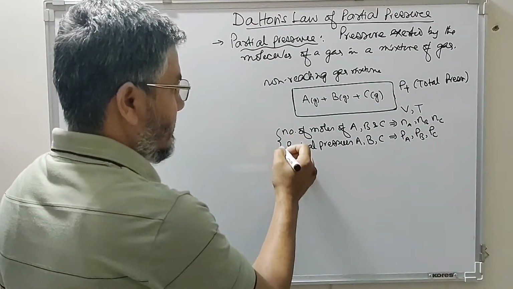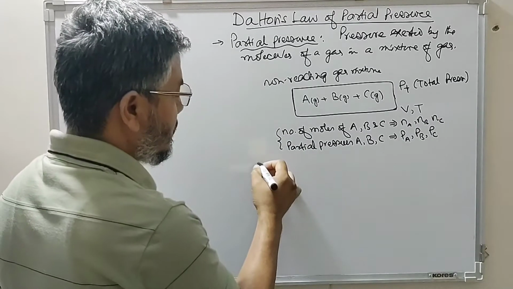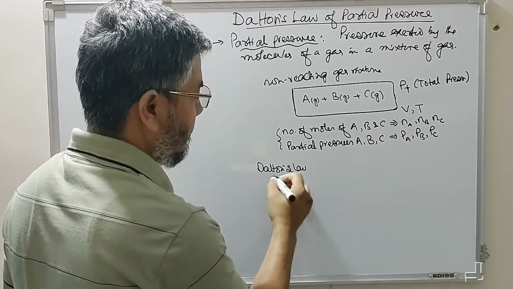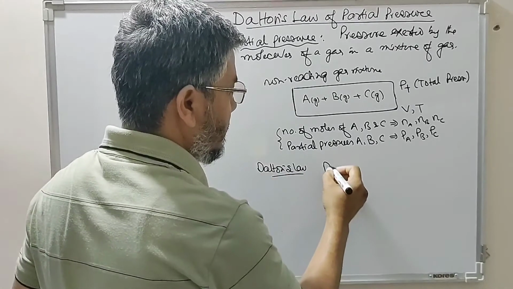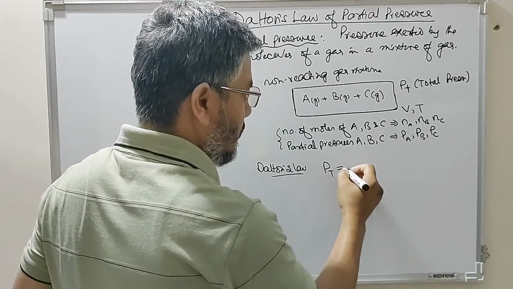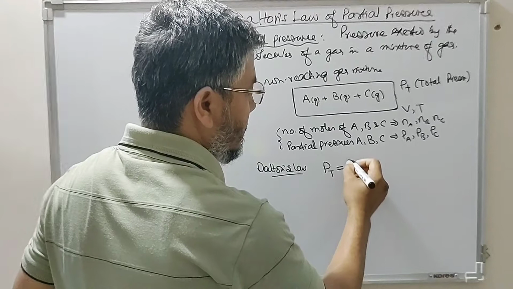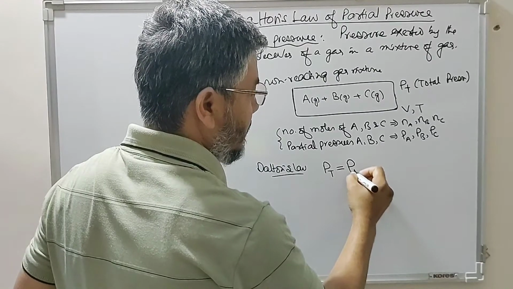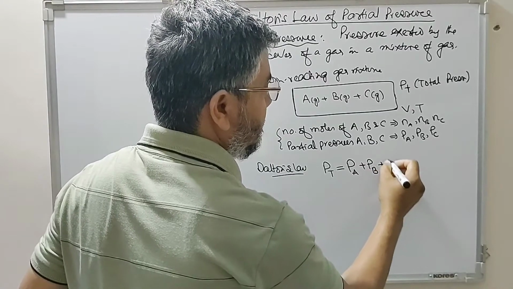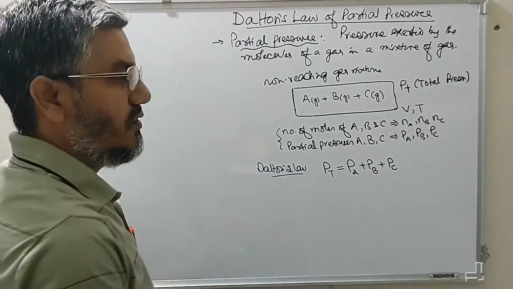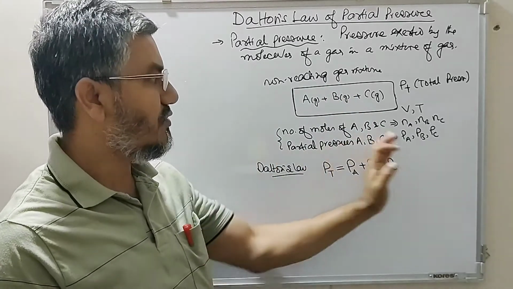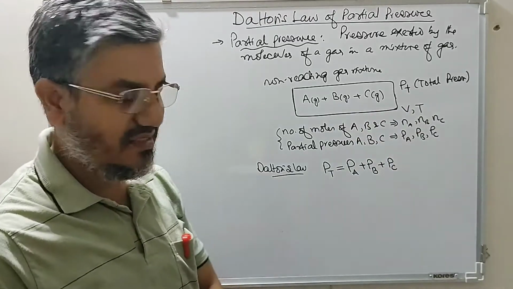If this is the condition, then according to Dalton's law, the total pressure of the non-reacting gaseous mixture is equal to the summation of the partial pressures of the gases present in the mixture. So we have a mixture of three non-reacting gases, each having partial pressures Pa, Pb and Pc.